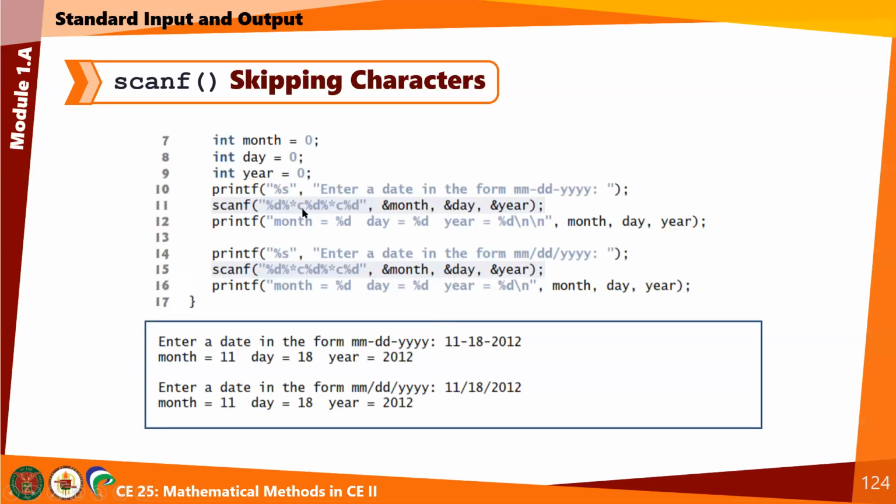For example, here, enter, so int month 0, initializing month, day, and year, and then printing, enter a date in the form of mmDDYY. So nag-input yung user, and then how do you scan this?